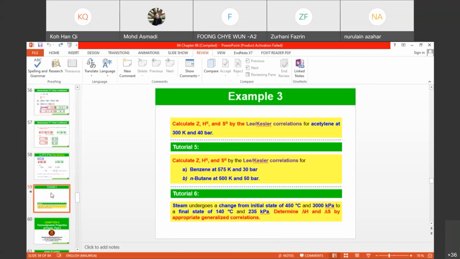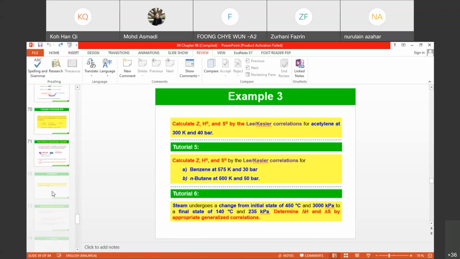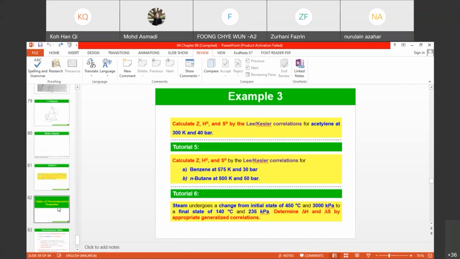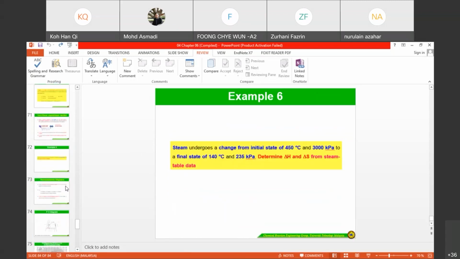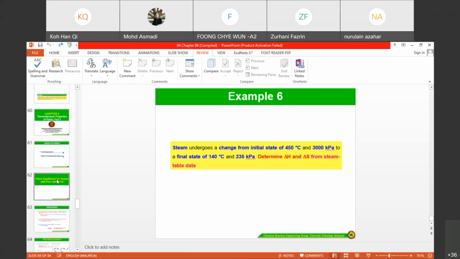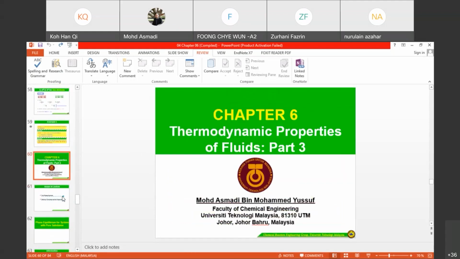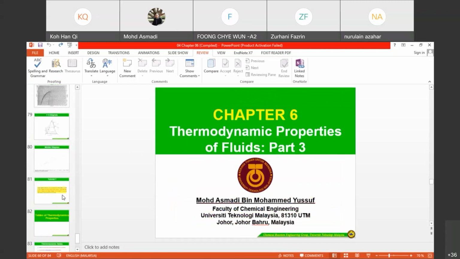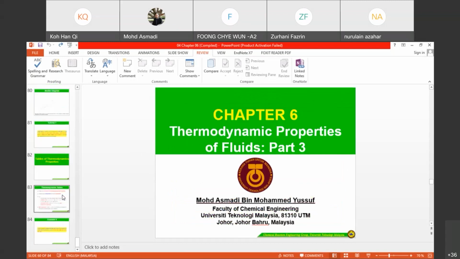I think by next class we can finish it. I'm not going to go very fast now until chapter 6, so it's within the timeline. For test one, we will cover chapter 3 and chapter 4. The date is going to be the 12th. If there are any changes, I will inform you later.